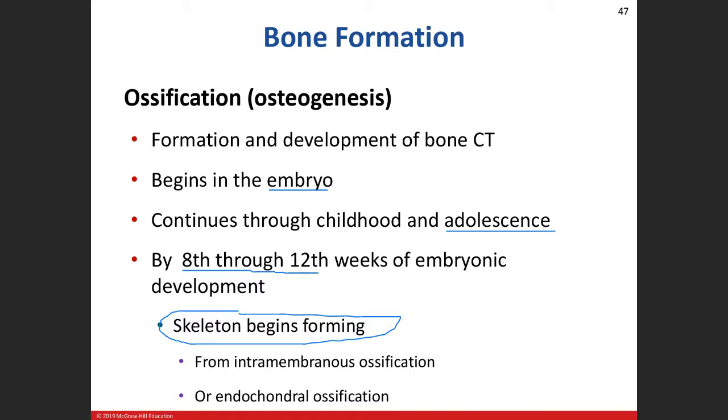It varies. So there's 2 types of ossification. You have what we call intramembranous, and then we also have endochondral. Well, chondral is cartilage. So we're definitely going to be dealing with cartilage here. Well, we're going to be dealing with cartilage from both. Okay, so there's intramembranous and endochondral.